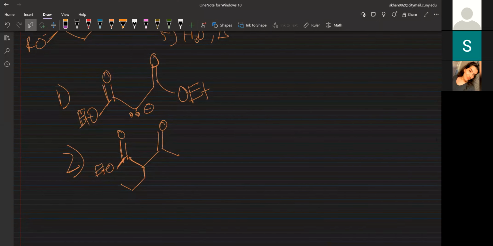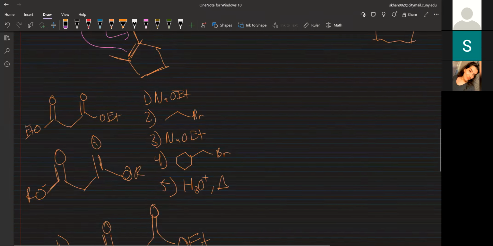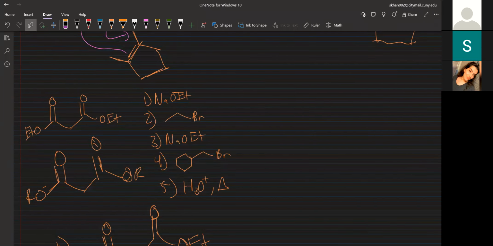Just be careful when we create these bonds. You're adding 2 carbons here. Oh, I actually messed up too. Good thing I saw that. So this is the first carbon and 2 carbons. Same thing here, don't add extra carbons.